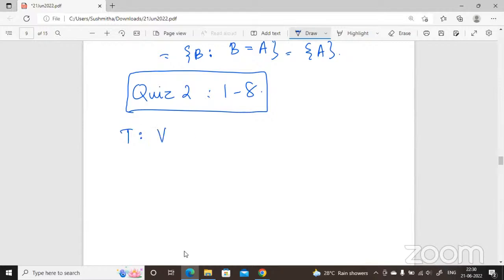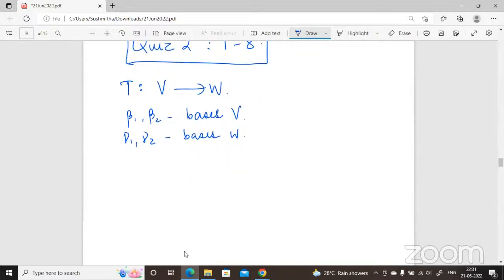Suppose you are having two vector spaces. Say beta 1, beta 2 are bases for the domain, and gamma 1, gamma 2 are bases for the codomain. So T from V to W: if I take beta 1 for the domain and gamma 1 for the codomain, I can write the matrix of the linear transformation, right?